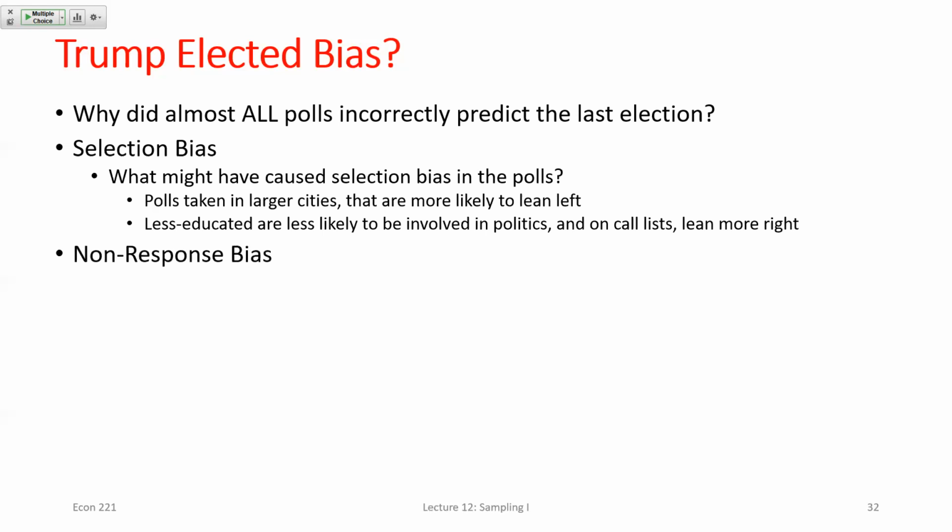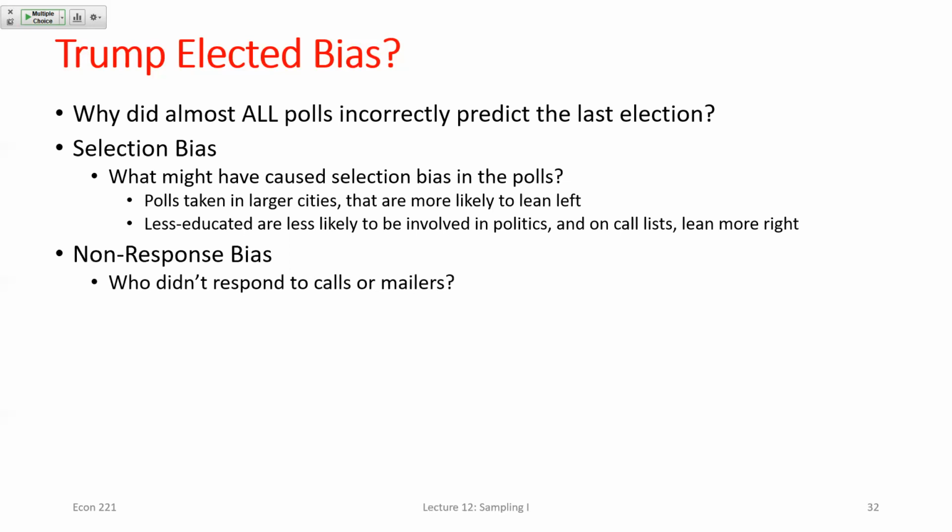The big one was going to be our non-response bias, right? So in 2016, I don't think I'm going out on a limb here saying Donald Trump is somewhat of a divisive character, right? There may have been individuals who just didn't respond if they knew they were going to vote for Trump. They didn't want whoever was asking who they were going to vote for to know.